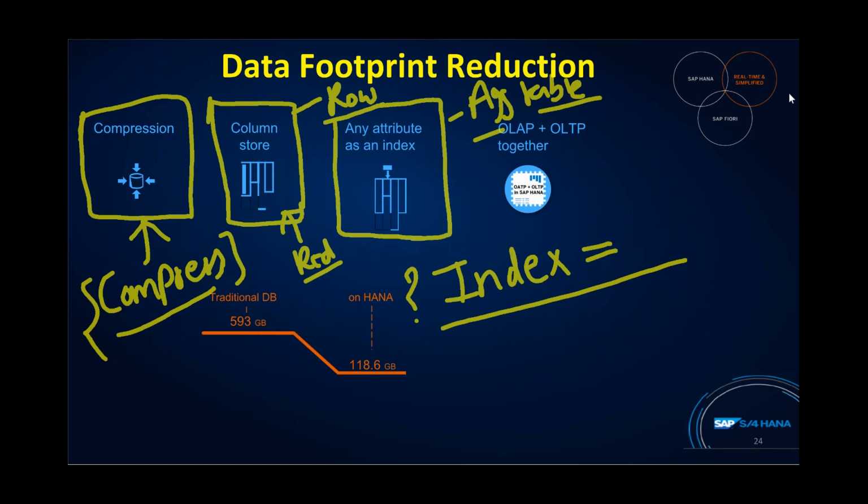Yeah, that's the right statement. An index sorts out the data. That's correct. So if I need to explain in layman's language what an index is, an index is basically like, we read books, right?